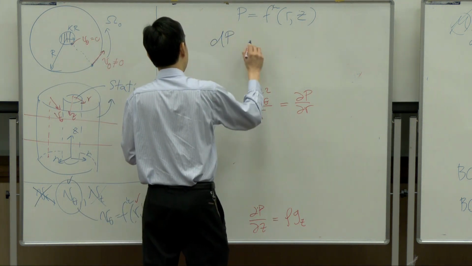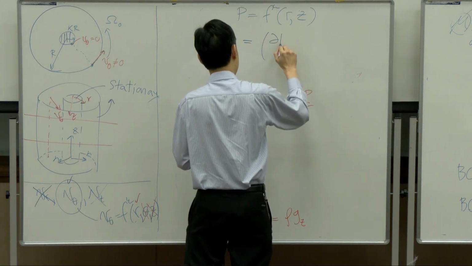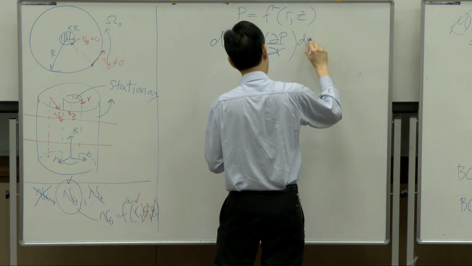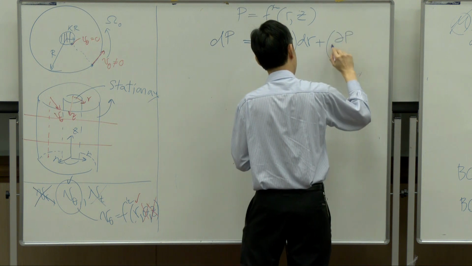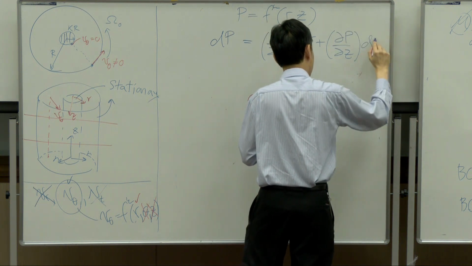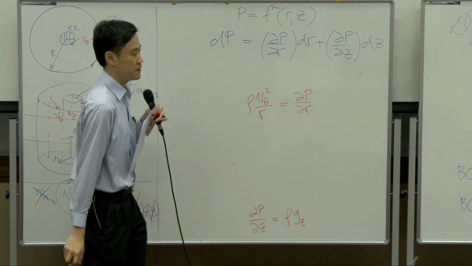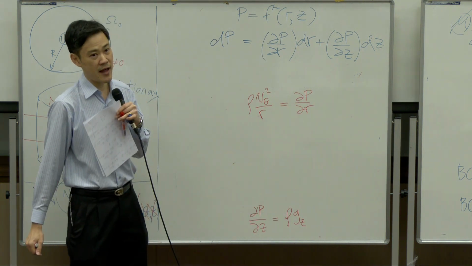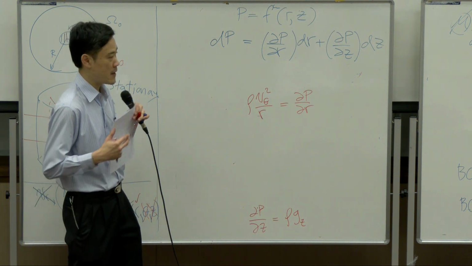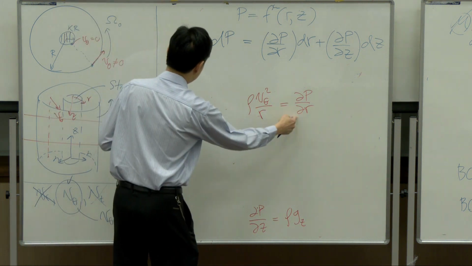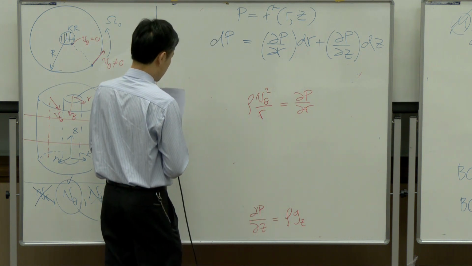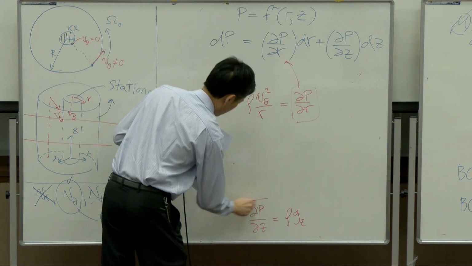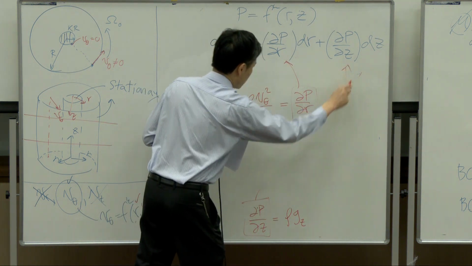So if I differentiate it, you get dP equals dP by dr times dr plus dP by dz times dz. Seem familiar? This one has been used so many times in thermodynamics. Okay? And we know that this is here, and that is here.